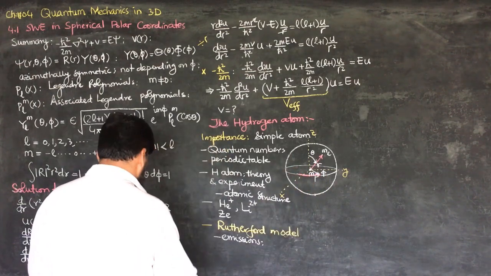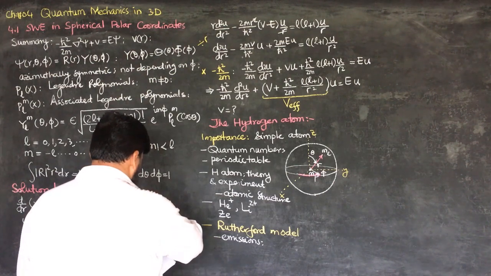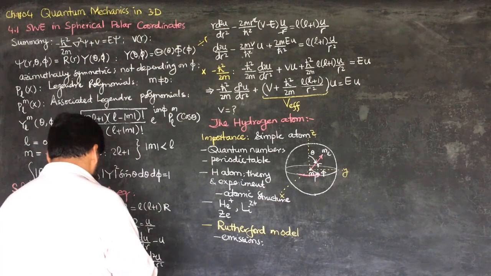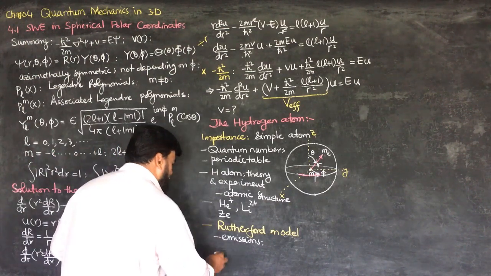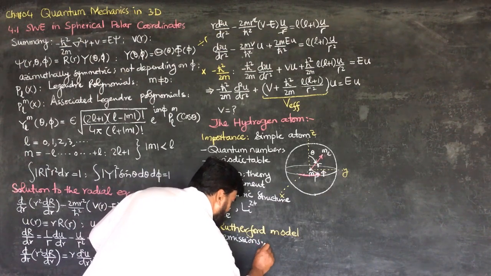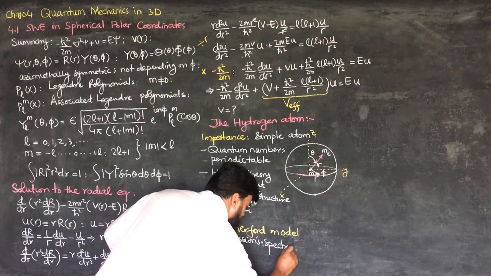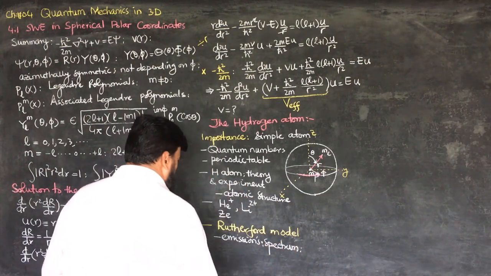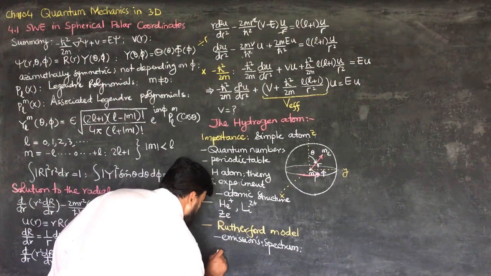So the Rutherford model wasn't explaining those emissions, and when the emission spectrum of the hydrogen atom was studied, we got some series.